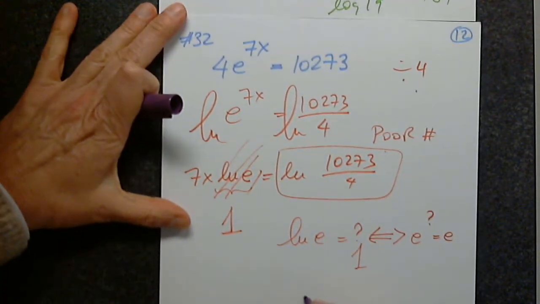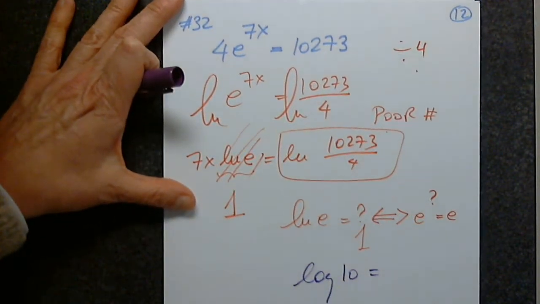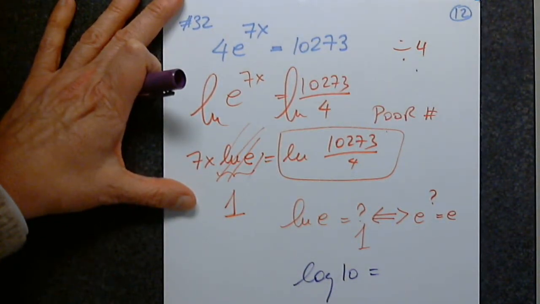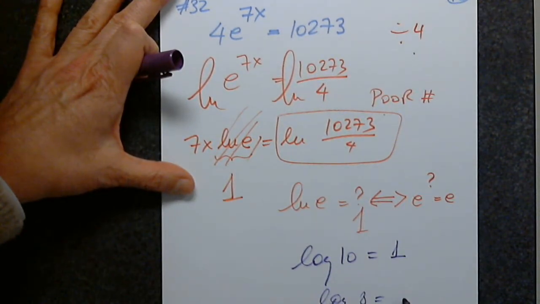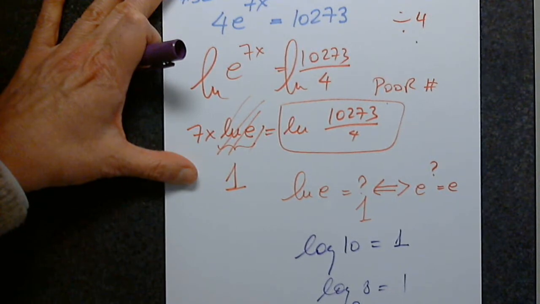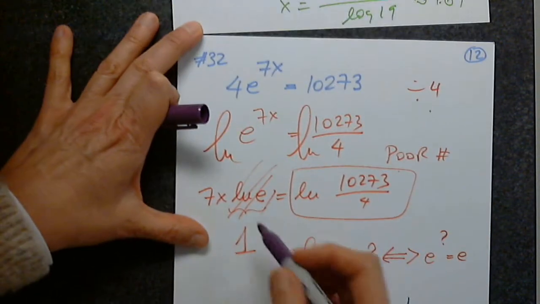Can you please tell me what is log of 10? The base raised to which number is 10? What is the base? 10. 10 raised to which number is 10? One. Log base 8 of 8. Log base 7 of 7. 1. Of course. So this is 1.